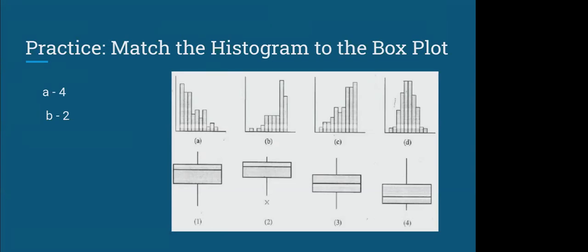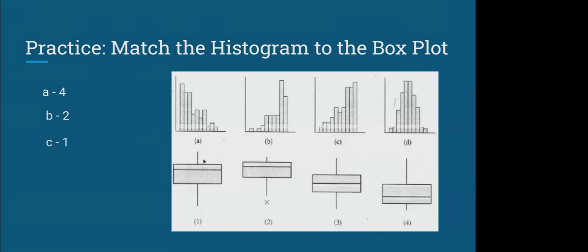But you will see that the left or lower whisker is longer than the upper whisker or the right whisker, and you see that Q2 is closer to Q3. So C is 1, leaving D to be 3.